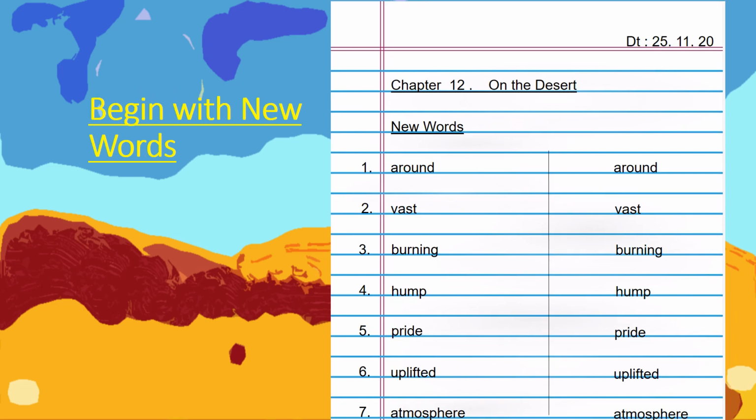Take a fresh page and then we start writing and comprehending chapter 12 On the Desert. So on a new page, we write today's date, chapter 12 On the Desert, and we write the new words.